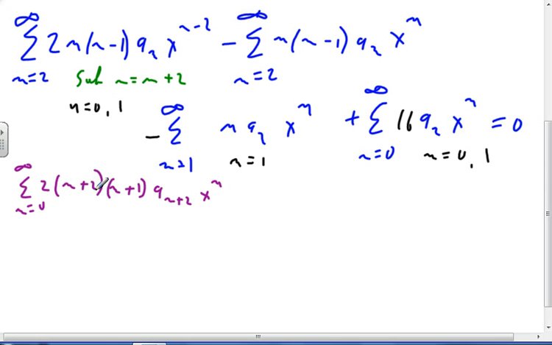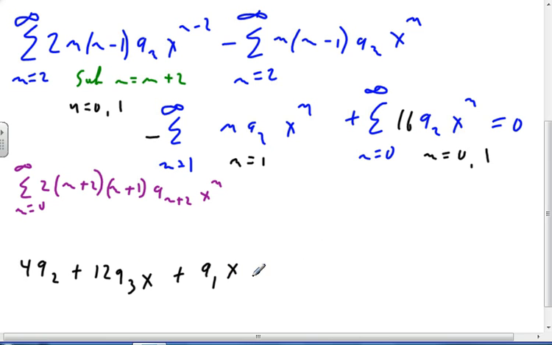2 times 2, that'd be 4, 4a2 x to the 0. I'm removing the n equal 1 term: 3 times 2 is 6, times 2 is 12, a3 x. I'm removing the n equal to 1 term, a1 x.